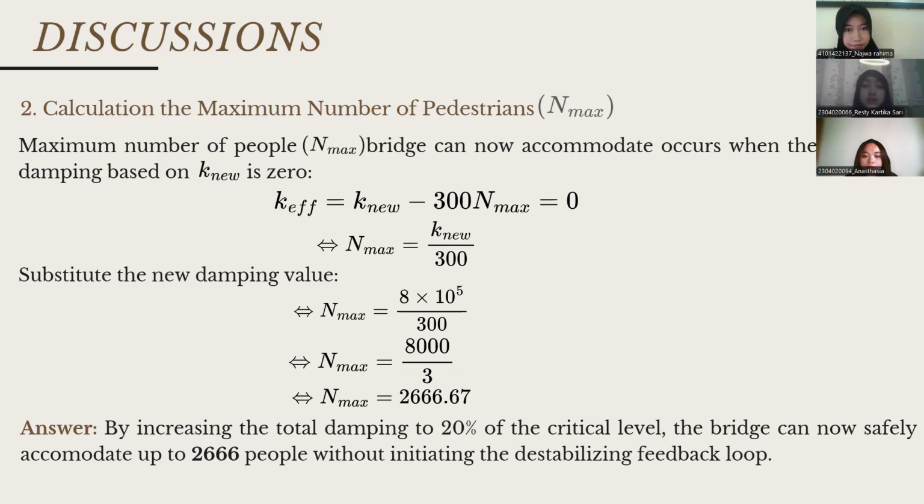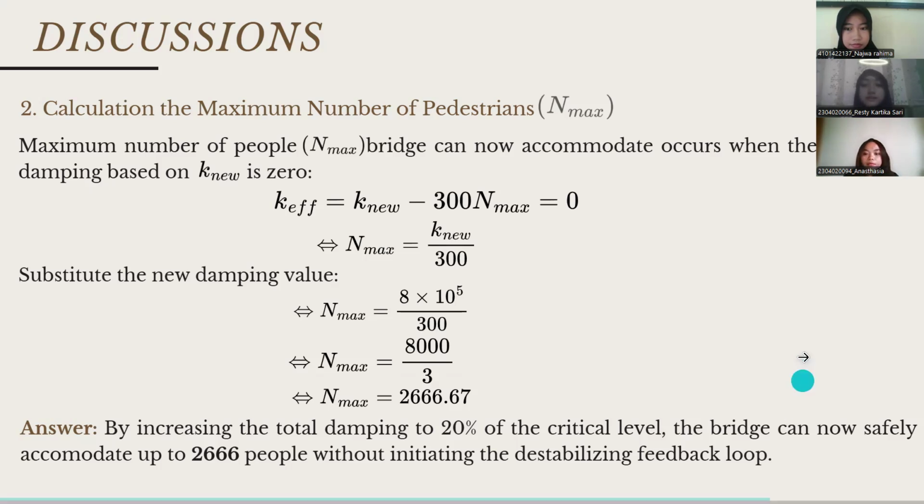From the previous calculation, we got K nu and we just substituted it, and we got NMAX equal to 2666.67. So by increasing the total damping to 20% of the critical level, the bridge can now safely accommodate up to 2,666 people without initiating the destabilizing feedback loop.